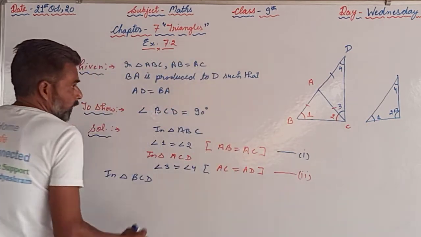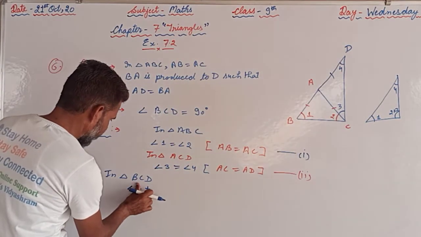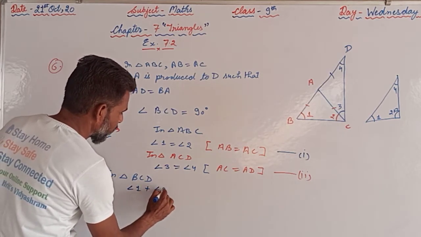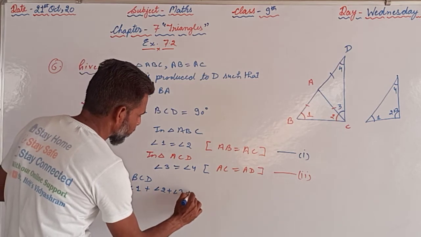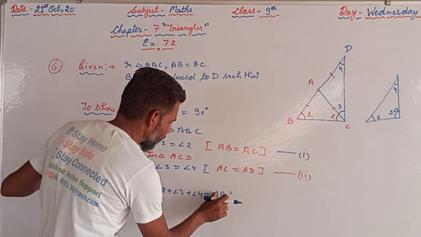So angle 1 plus angle 2 plus angle 3 plus angle 4 is equal to 180 degrees. Why?